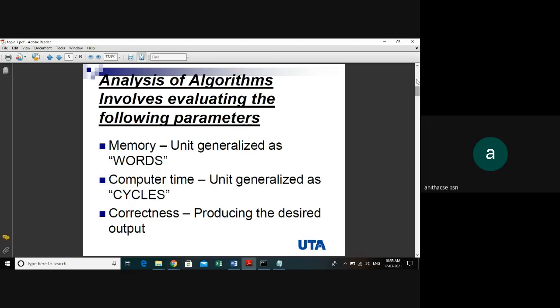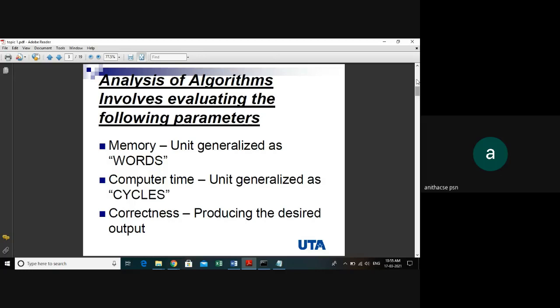So when we do a problem, if we are using low memory, some sort of minimum memory space, in the sense it is somewhat good.